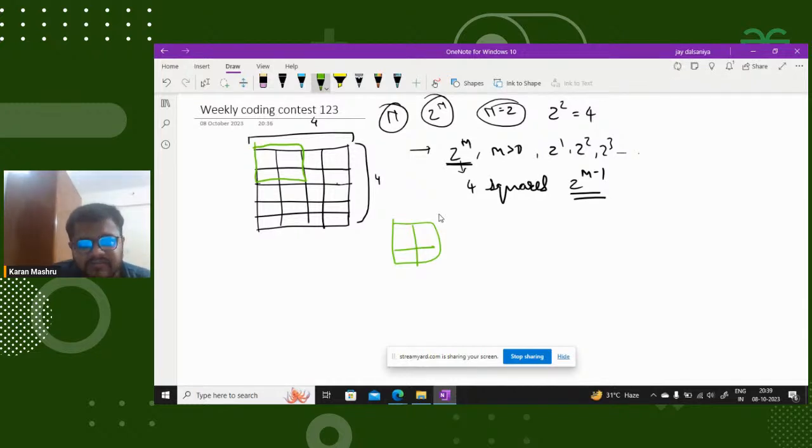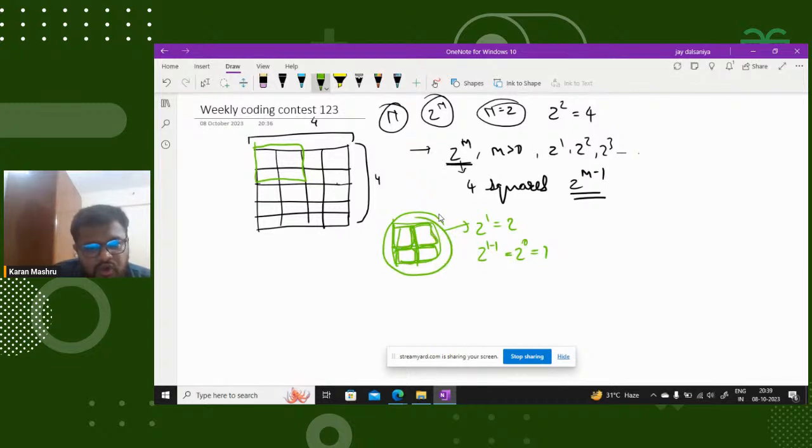So your m is equal to 1. You selected this square, which is of side length 2. You divide this square into four different squares of size 1, so you get four different squares. And you replace this bigger square with these four different squares.